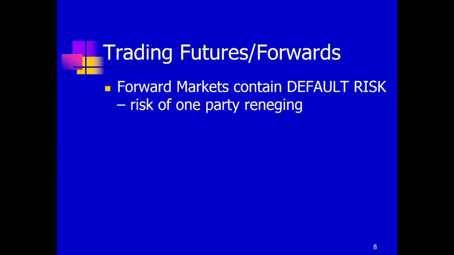What is default risk? It is the risk that one party reneges. That means if I make a deal with you and then tomorrow I disappear, you have nothing to back onto, right? Sometimes you can go to the law courts and ask to fine me and make me pay up, but it's quite difficult.